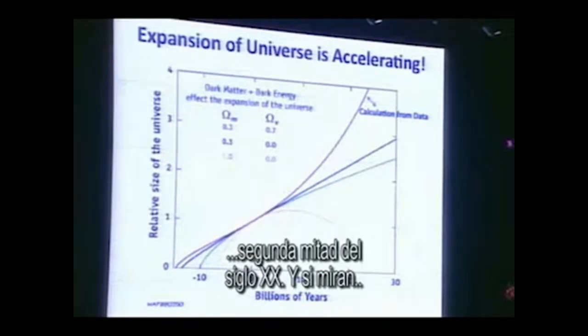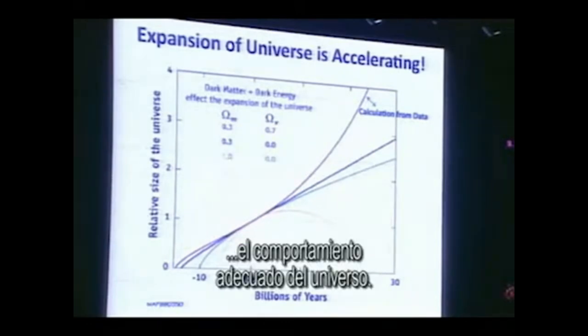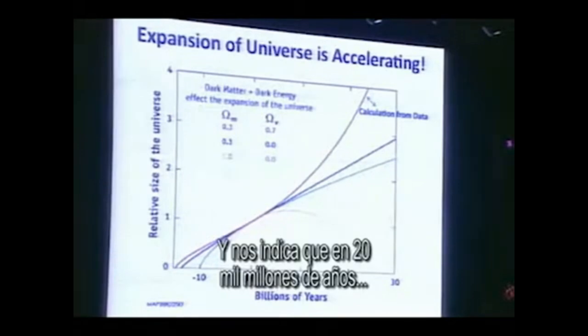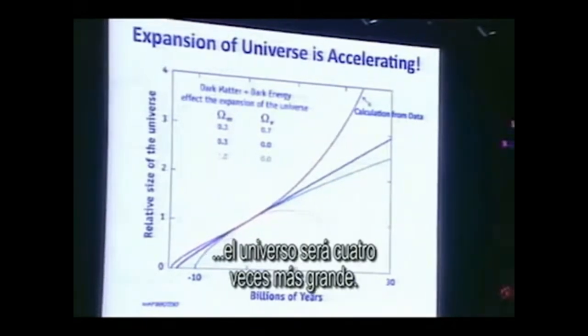And if you look at this curve in front of us, the red curve represents what we think is the proper behavior of the universe. And it shows us that roughly 20 billion years from now, the universe will be 4 times bigger. Well, it's just a number. But it will also be very, very close to absolute zero. It'll get much, much colder than it is now.